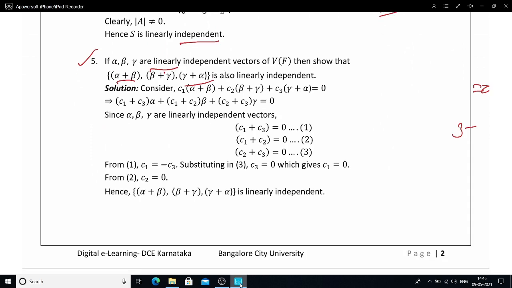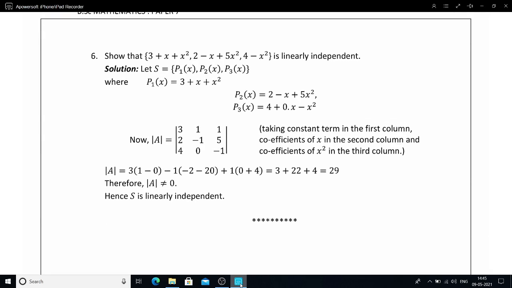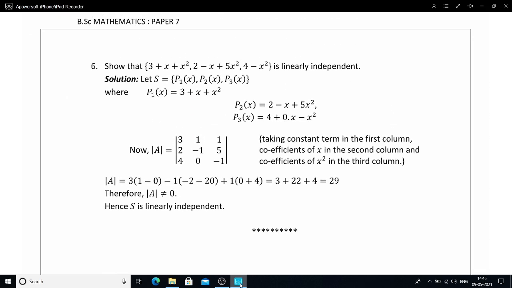Next example, I will take a set containing polynomials. S is a set containing the polynomials. First polynomial 3 plus x square. Second polynomial 2 minus x plus 5x square.